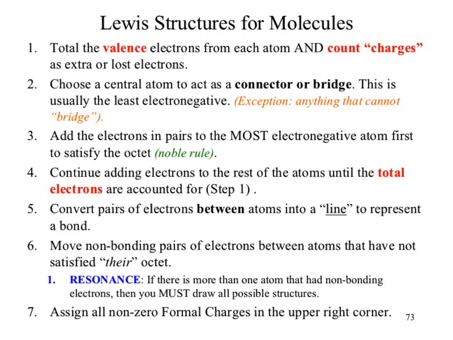The biggest one is the rule of octets. The most electrons we can have on any given atom is an octet. Just like an octopus with 8 arms, we get 8 electrons. We do not have any explanation for why we would exceed the octet, so you are not allowed to exceed the octet.